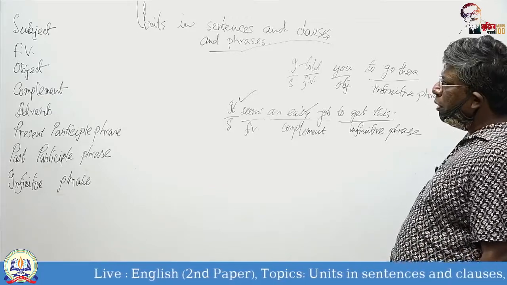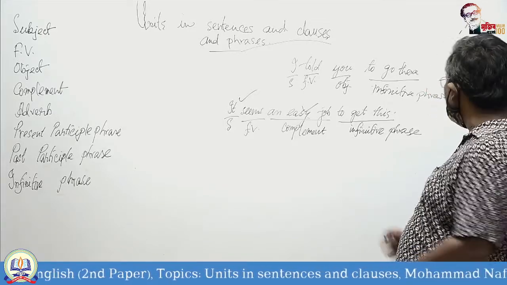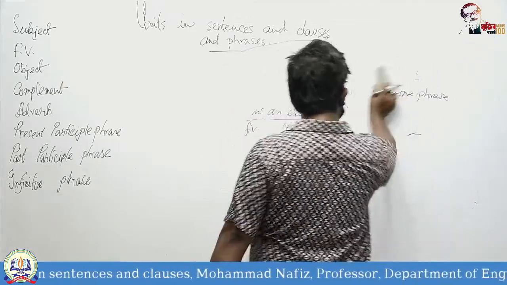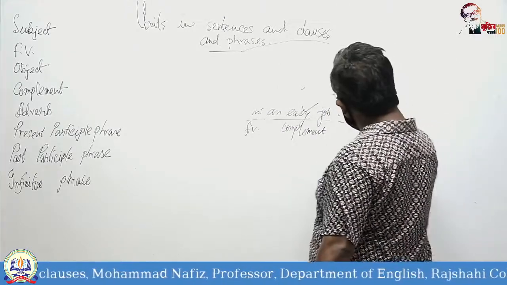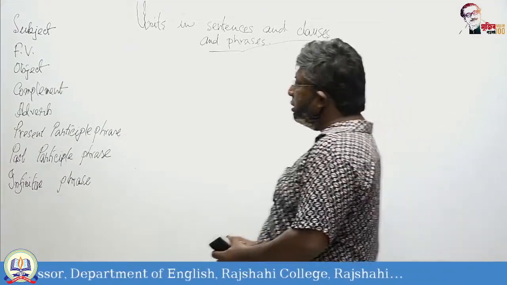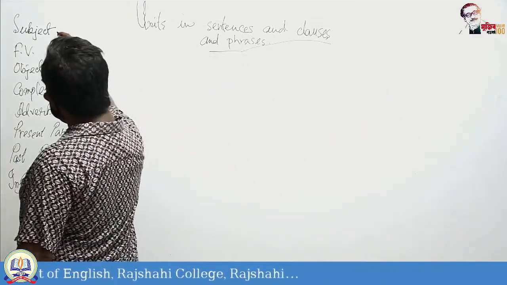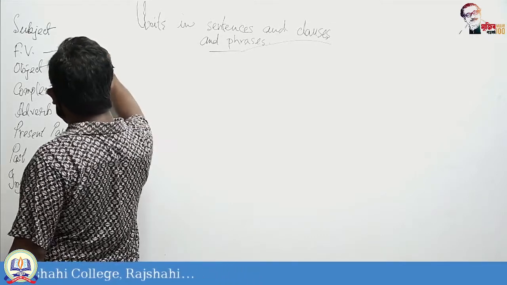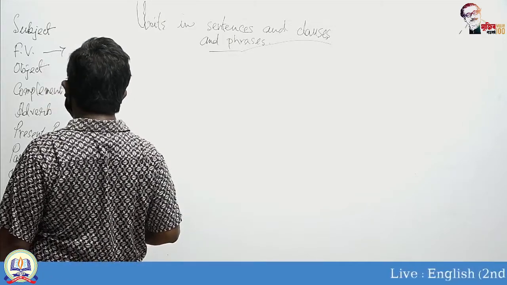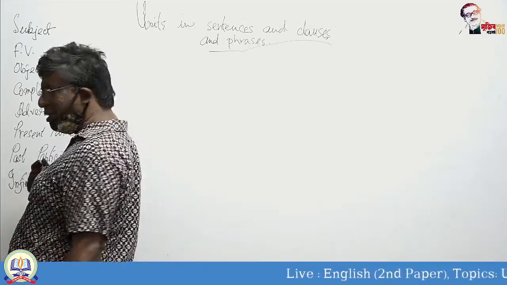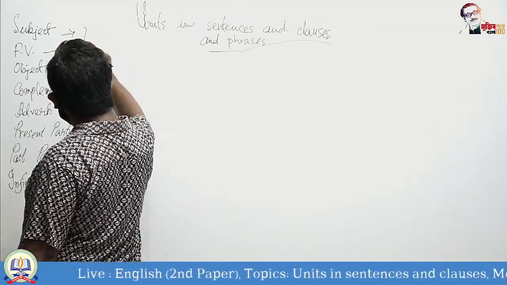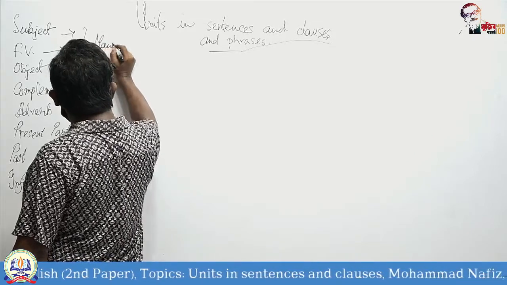Thus, we have 1, 2, 3, 4, 5, 6, 7, 8. We may have 8 units in a sentence. Among these units, the mandatory ones are the finite verb and the subject.